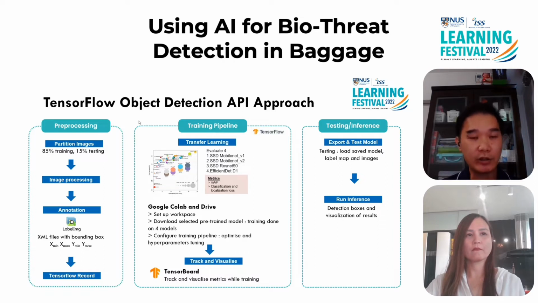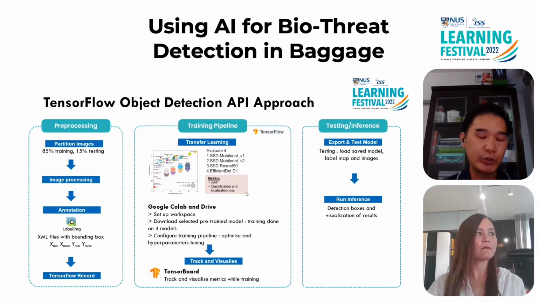Then for training, we'll be using Colab as our training platform. The performance metrics we use will be the same metrics used to evaluate the COCO data set. The reason is that the pre-trained model we are using is also trained on the COCO data set, and this evaluation metric is already available on GitHub.